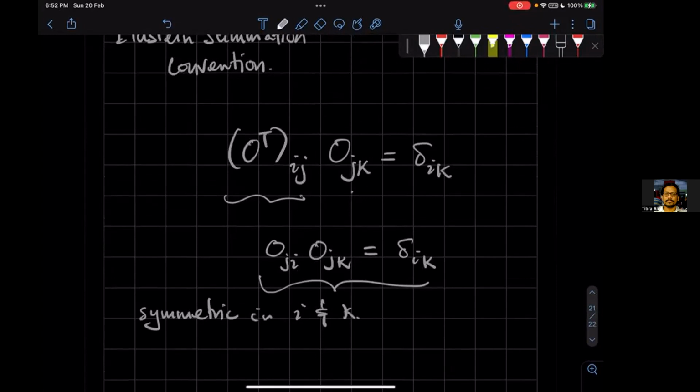Can you guys think about it and let me know? 3. Can you explain? We'll first have 3 equations because we're multiplying 3 by 3 matrices. Oh, okay, so it'll be 9. It'll be 9, but it's symmetric in I and K.